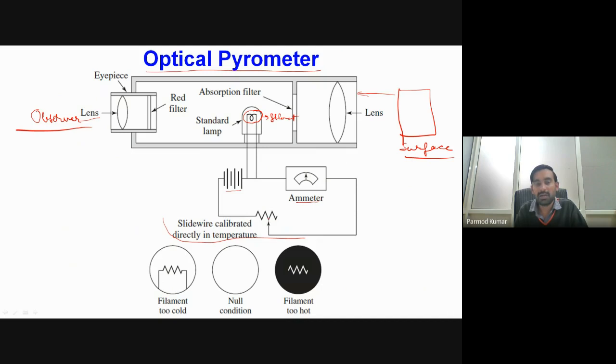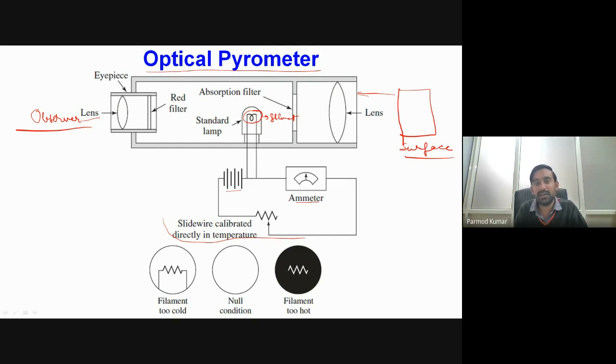Now, the light coming from the lamp passes through this absorption filter, then through this lens over the surface, and the lens focuses the light to the second lens close to the observer.